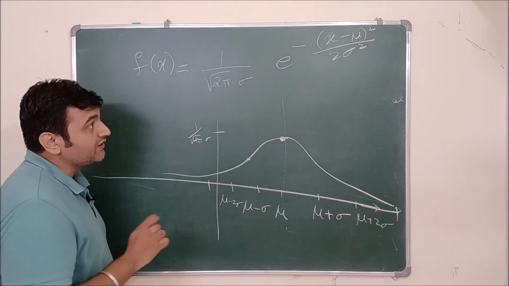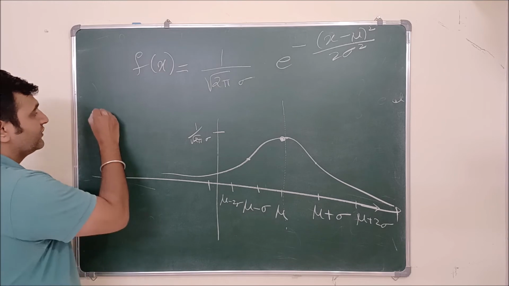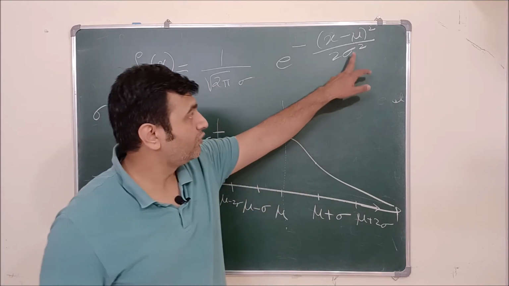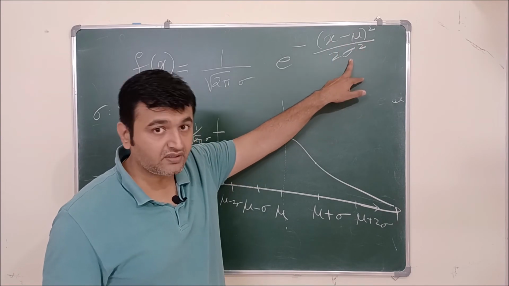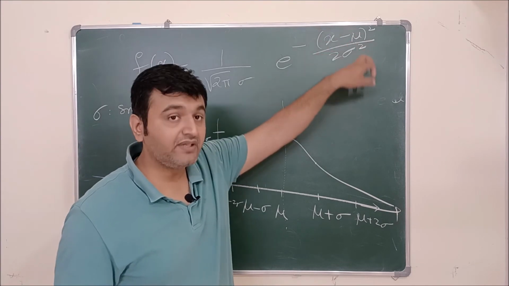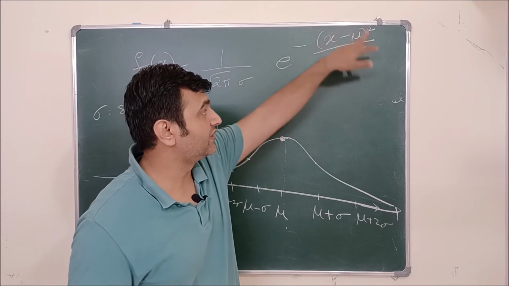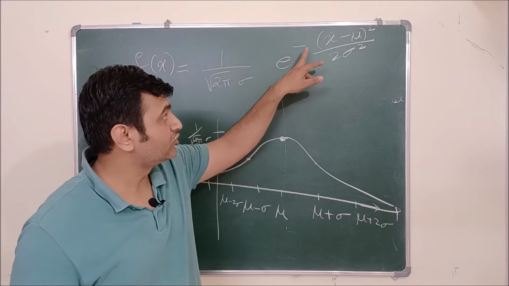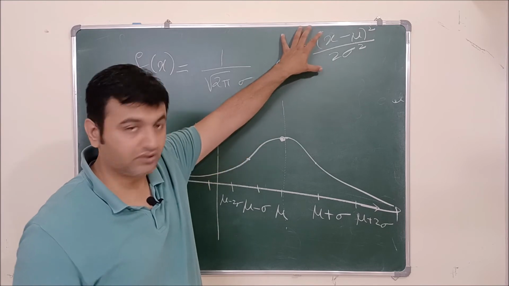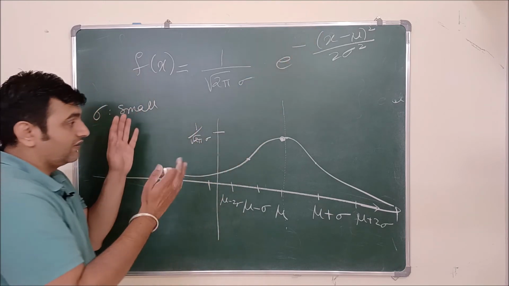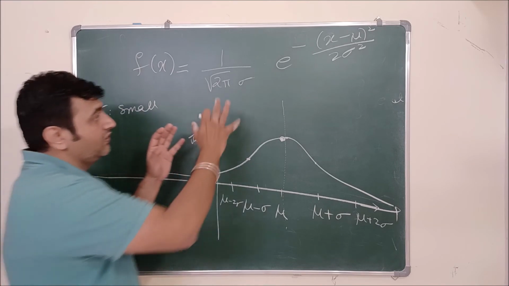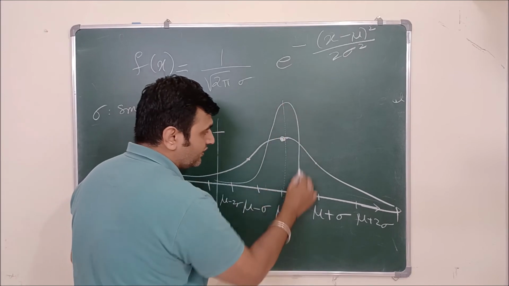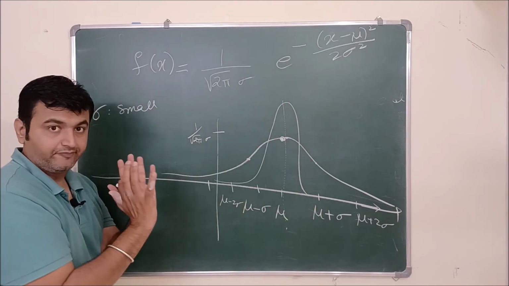Another thing you can observe here is, when your variance is small and you're taking a square, it's further small. So the ratio will be large because the denominator is smaller. Since you're taking minus over here, this quantity will be smaller. So whenever your variance is small, this quantity is small, that means the data will be clustered more around the mean.